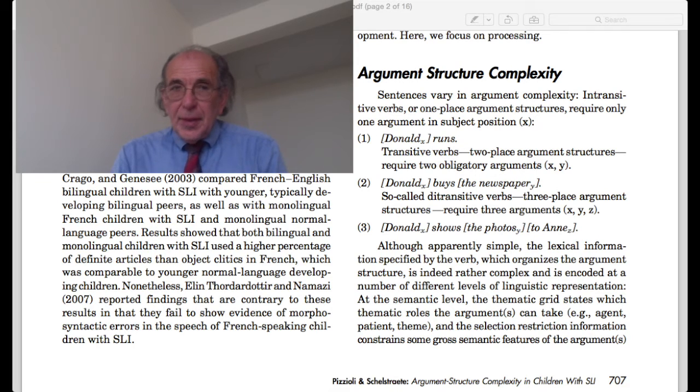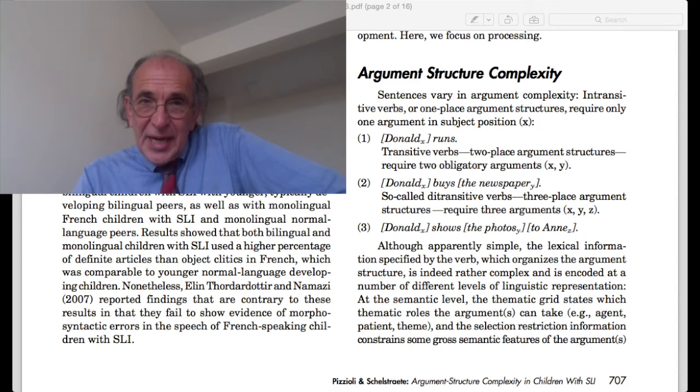They don't define that specifically here. They presume either the reader understands this or can infer this from the context. And it says one argument in subject position. That means subject of the verb or the complement of a verb.